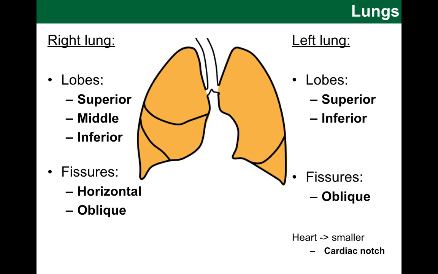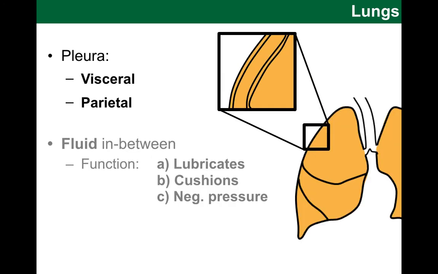Now, let's have a closer look at the surface of the lungs. What I have here is a diagrammatic representation of an enlarged area. And as you can see, there are actually 2 layers around the lung and a space in between them. The innermost layer is known as the visceral pleura, while the outer layer is known as the parietal pleura.